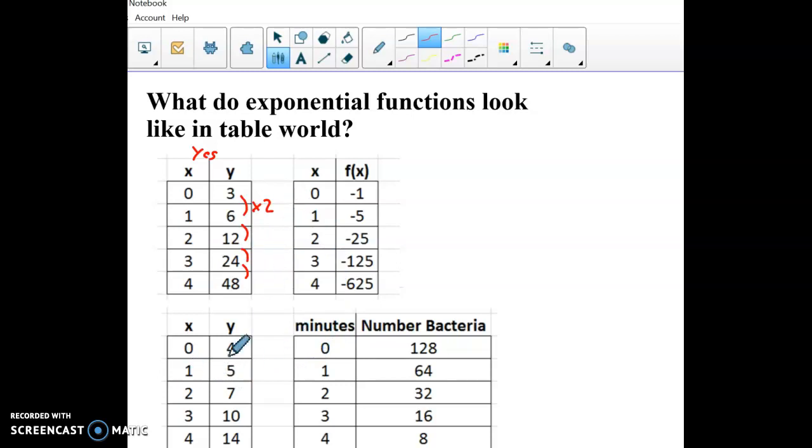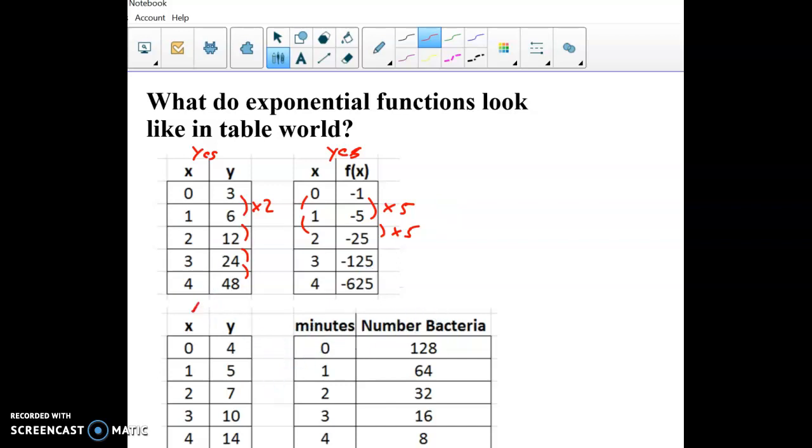So pause the video and see if you can figure out which other ones are exponential. All right, certainly this second one with f of x is, because as these go up by 1, these are multiplying by 5. So that's definitely going to be exponential.